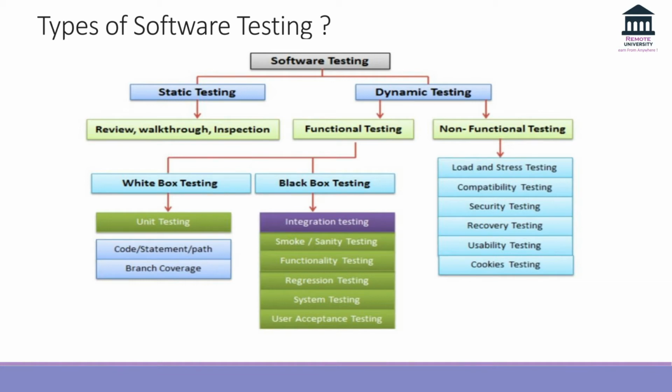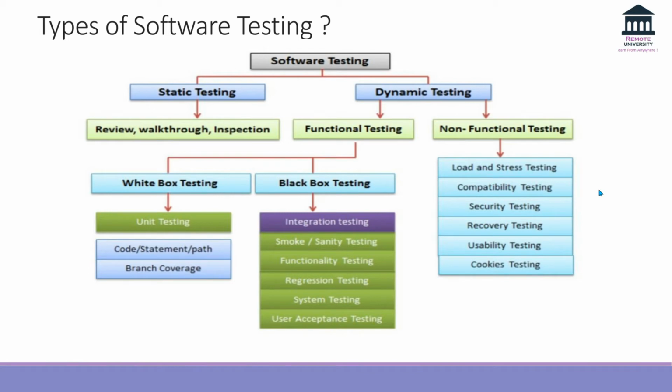So to summarize, we talked about the types of software testing, which are basically categorized into static and dynamic testing. The most important part is dynamic, because it is 90% of the testing, where we have functional and non-functional testing. Within the functional, we discussed white box testing, which is mainly done by programmers and testers, whereas black box testing is done by a person without any tools or scripts.